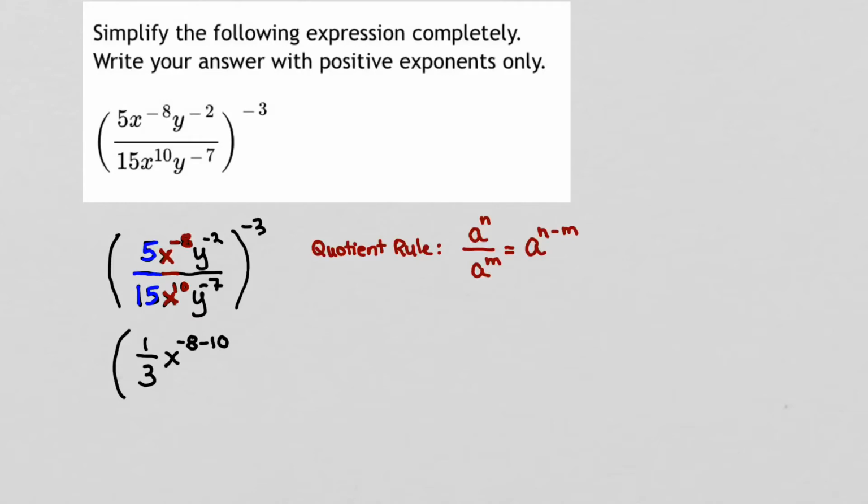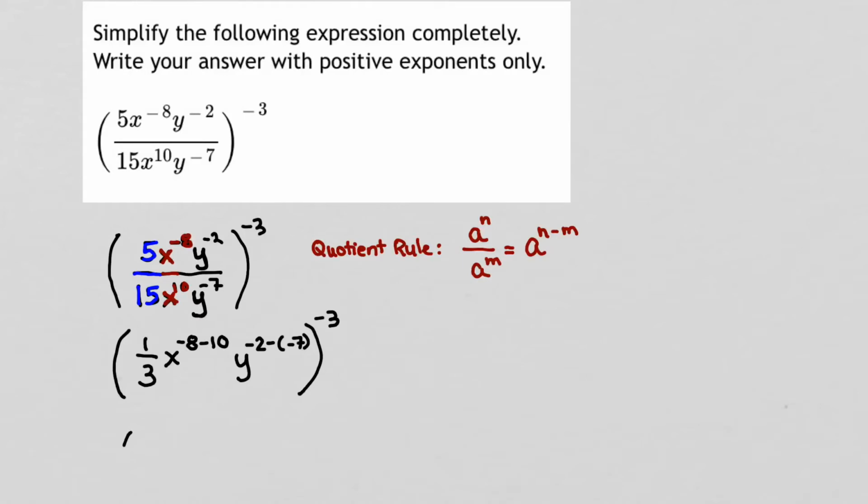I'm going to apply the same quotient rule to y, because I have y in both the numerator and the denominator. I'll take the exponent on top, which is negative 2, and subtract from it the exponent in the denominator, which is negative 7. And remember, all of this is going to be raised to the negative 3, but we'll worry about that part after.